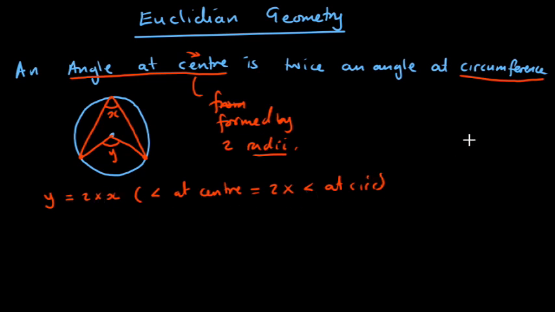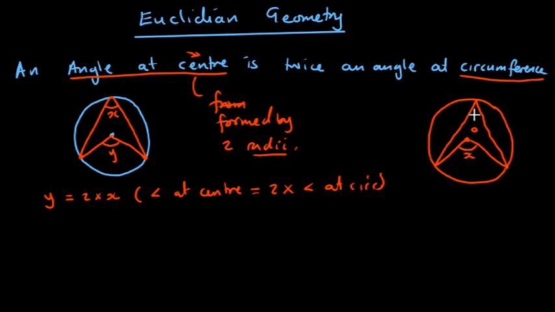Let's have an example. Let's say I'm given something like this. This is O, and I'm given radius, radius, and there are two lines from the ends of the radii, and then we are told that this is x, but this one is 60 degrees.